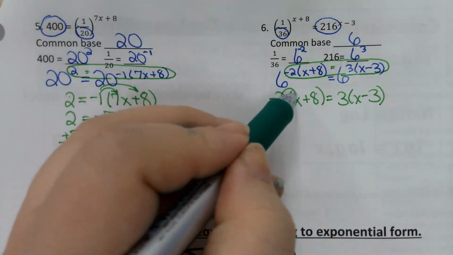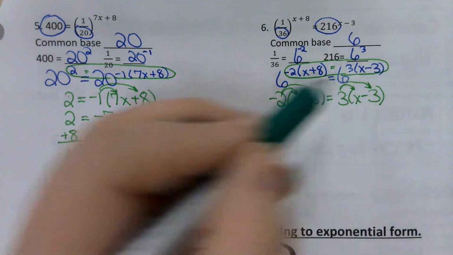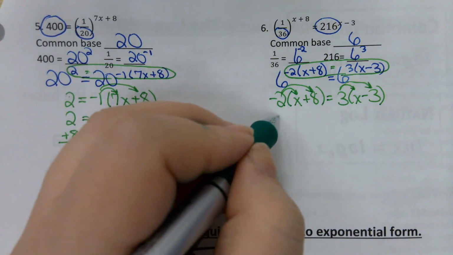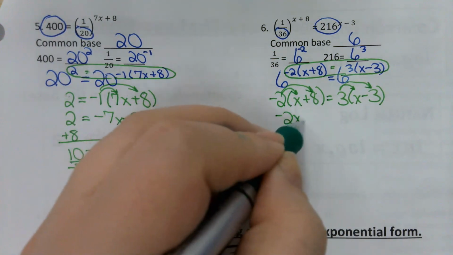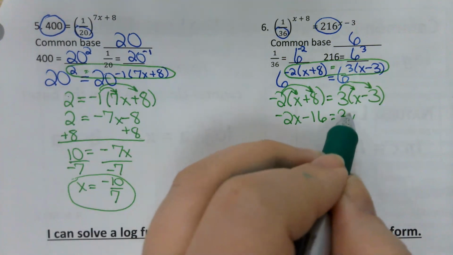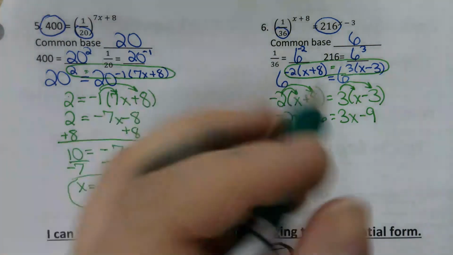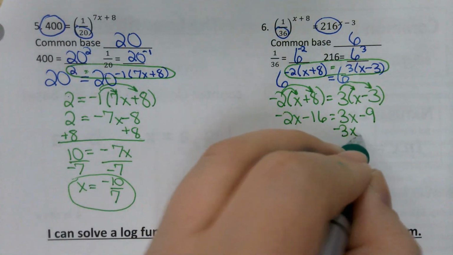We have some distribution to do on both sides. Distributing the negative 2 gives me negative 2x minus 16, and distributing 3 gives me 3x minus 9. I'll subtract my 3x from both sides.